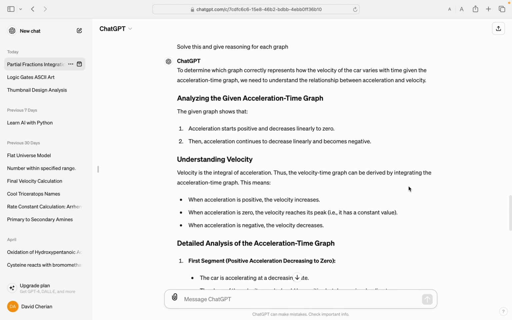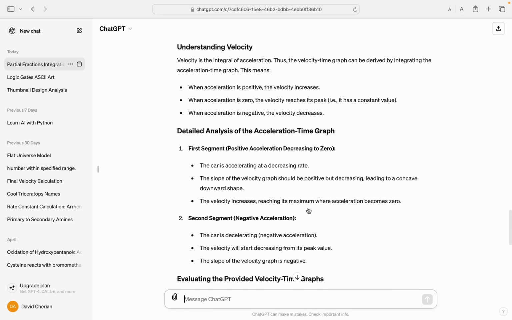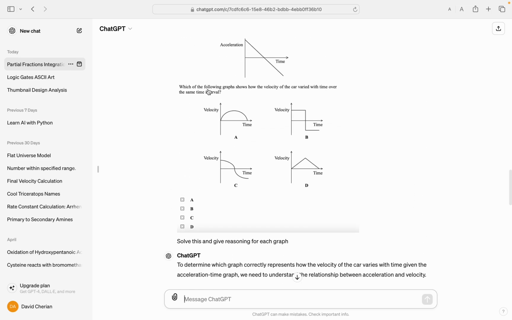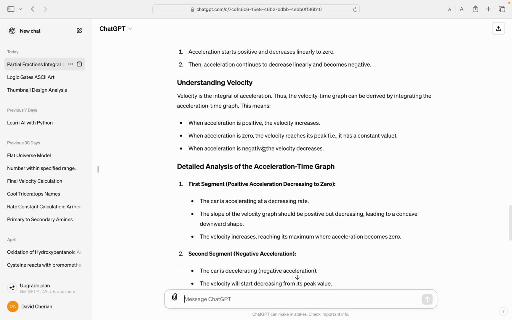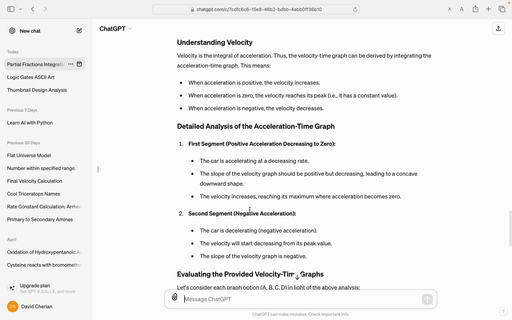Now this is the first important thing, we have to analyze each one of these graphs. So the first segment is that the positive acceleration is decreasing to 0. As you can see, that is decreasing to 0. The second segment is showing negative acceleration.